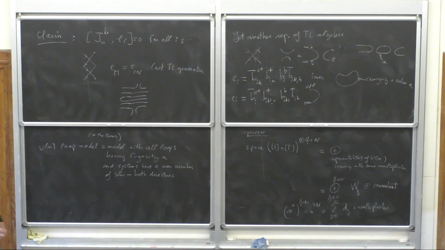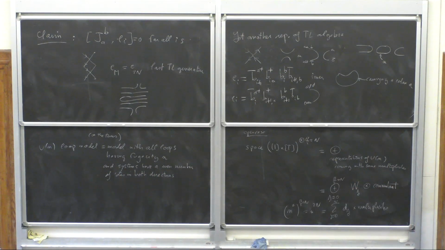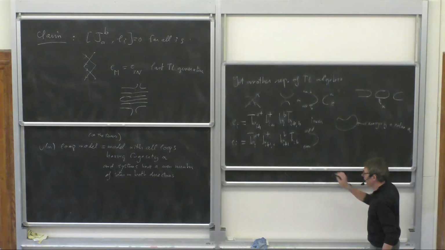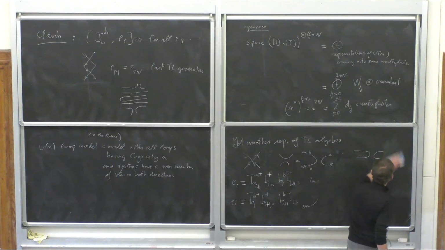will have the consequence that the commutant algebra of the Temperley-Lieb in this space will have to be something else than UN, something much bigger than UN.